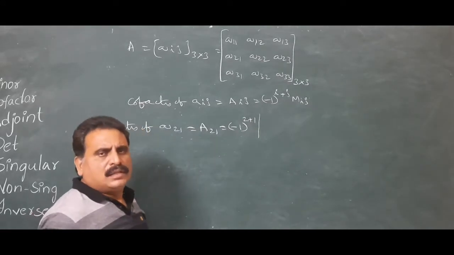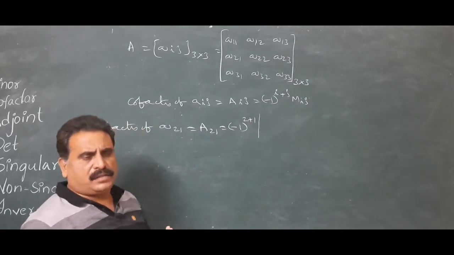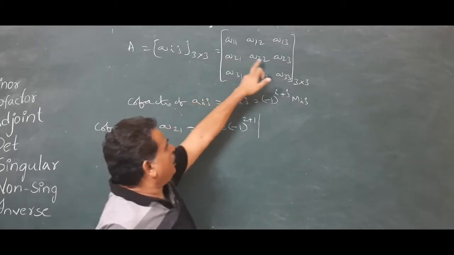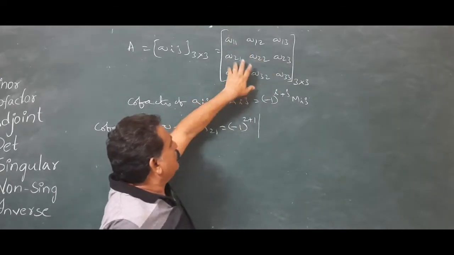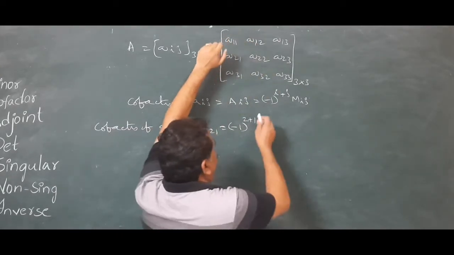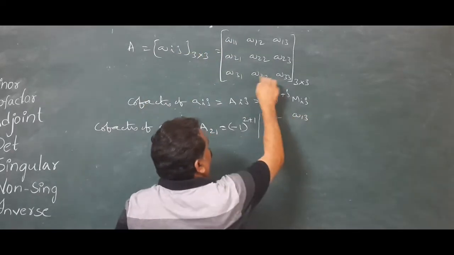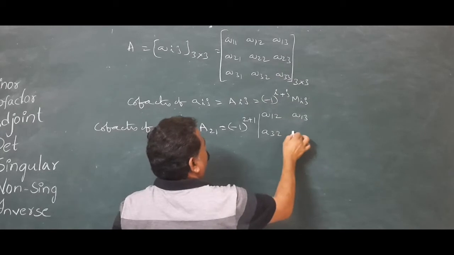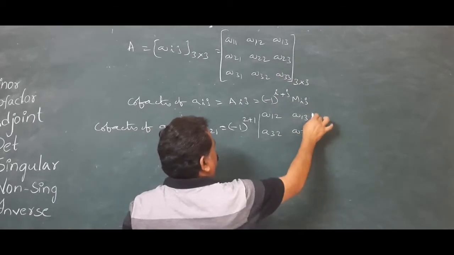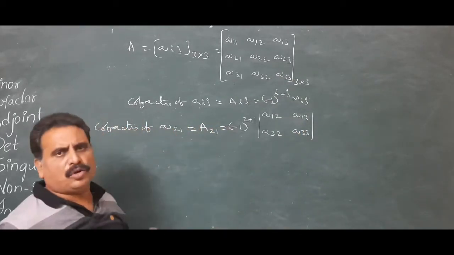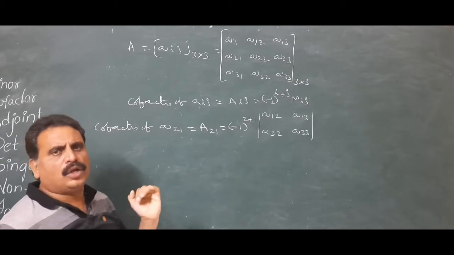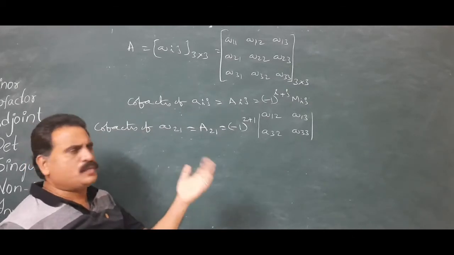The minor is the determinant of the 2 by 2 matrix obtained by eliminating second row and first column. The remaining elements are A12, A13, A32, A33. Minus 1 whole power 2 plus 1 is minus 1 whole cube, which is minus 1.